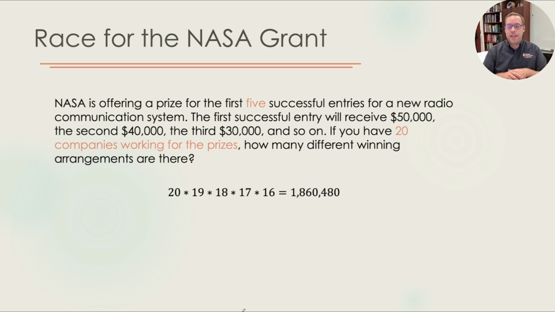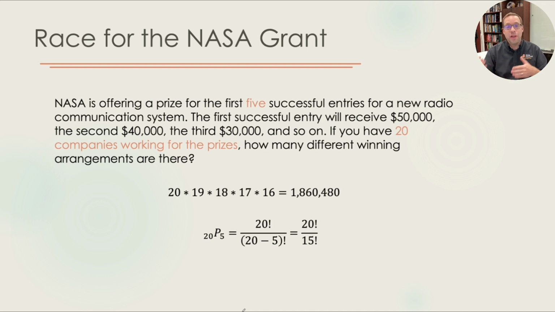Now let's do it with the permutation equation. So we have 20 companies, and we're selecting the first 5. And the order matters, so we're going to do a permutation. That will be 20 factorial divided by 20 minus 5 factorial. 20 minus 5 is just 15. So it's 20 factorial over 15 factorial.